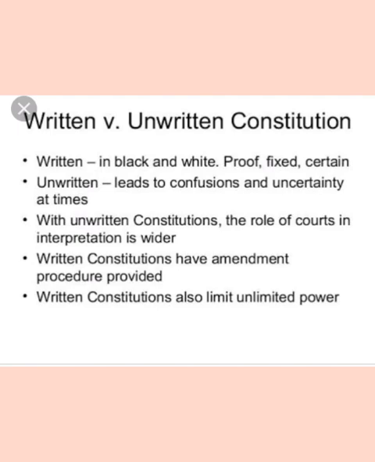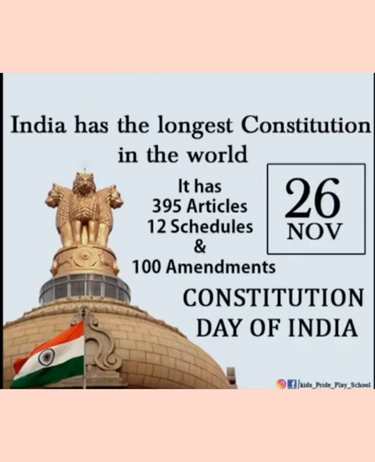Unwritten constitution is one which has never been codified by a constituent assembly. Example is British Constitution. So constitution can either be written or unwritten. You can see the differences between the two on the screen. The differences between written and unwritten Constitution.